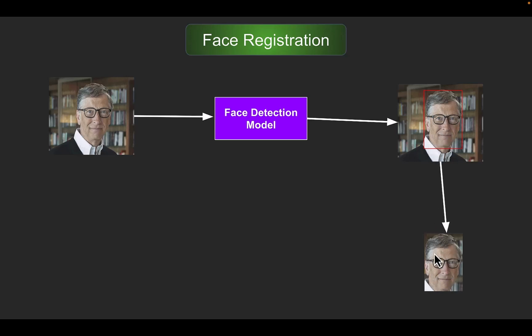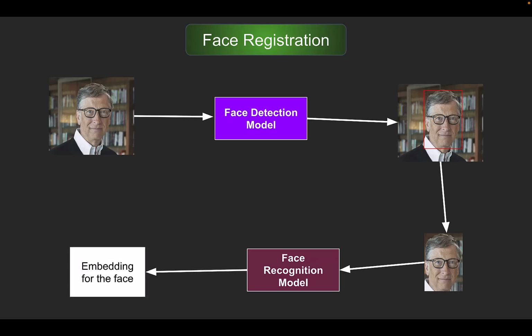After getting this cropped face image, we are going to pass it to our face recognition model. This face recognition model is going to generate the embedding for this face. So what is this embedding? This embedding is actually a float array, and it is the numerical representation of this face image generated by the face recognition model.